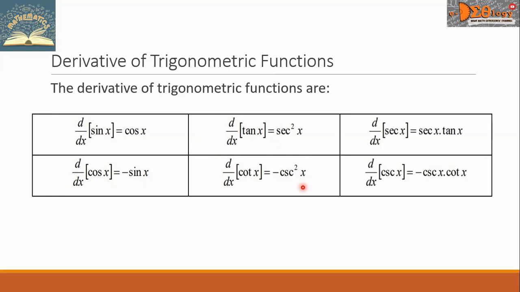The last two, we have d over dx of secant x, which is equal to secant x times tangent x. The last is d over dx of cosecant x, which is equal to negative cosecant x times cotangent x.